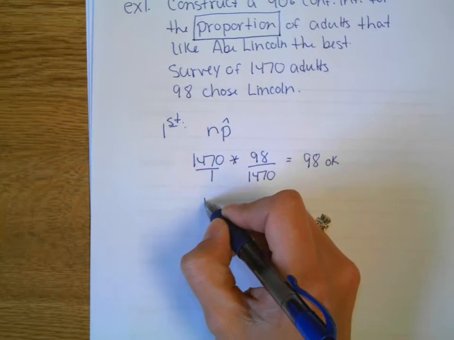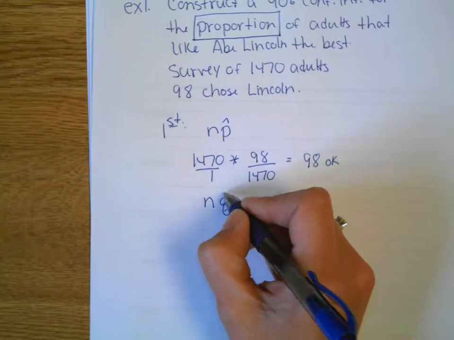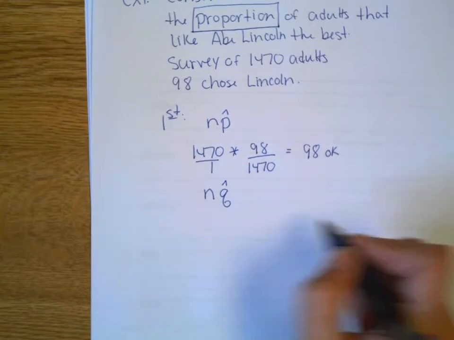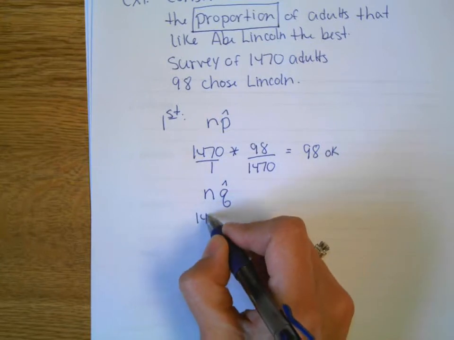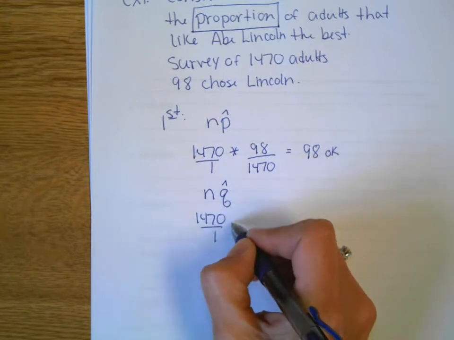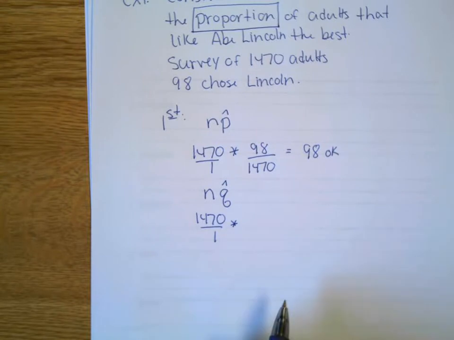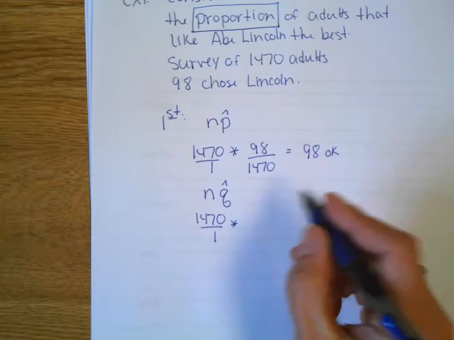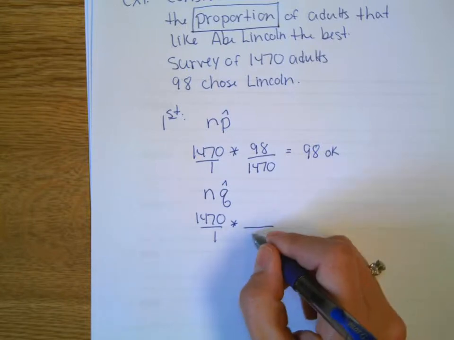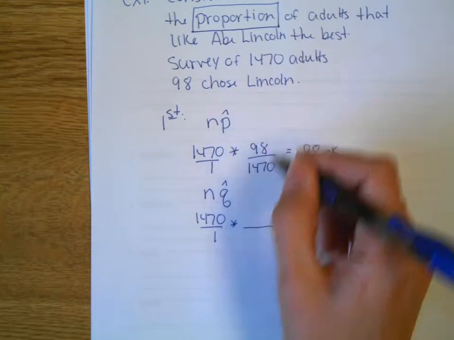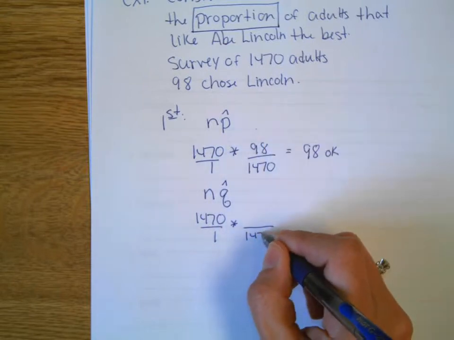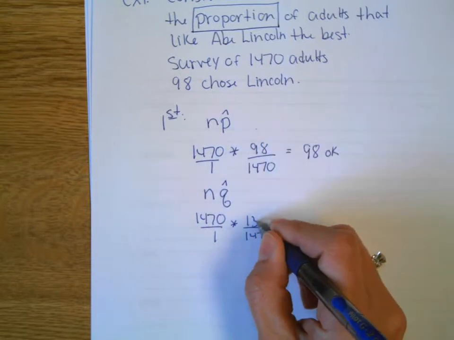What about n times q hat? N is still 1470. Q hat is the number of failures, so how many did not pick Abraham Lincoln out of the 1470? 1,372.